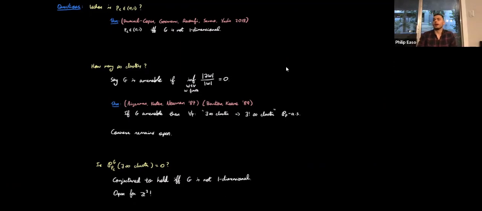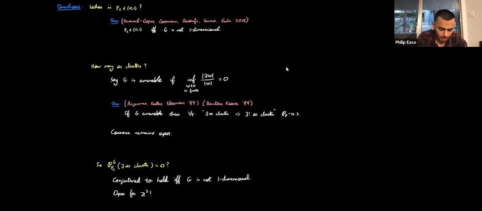If you think about taking Z or anything one-dimensional like that, it's pretty easy to check that p_c has to be 1. If your parameter p is strictly less than 1, then you're not going to have an infinite cluster. So you can rule out one-dimensional examples like that. But Contreras, Martineau, Tassion, Hutchcroft, Goswami, Raoufi, Severo, and Yadin in 2018 proved the converse, which was open for a while, that if you're not one-dimensional, then p_c is strictly less than 1.